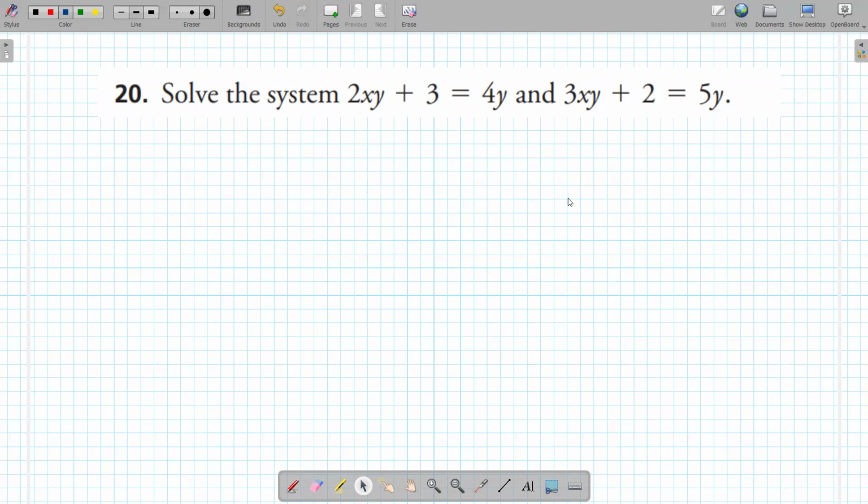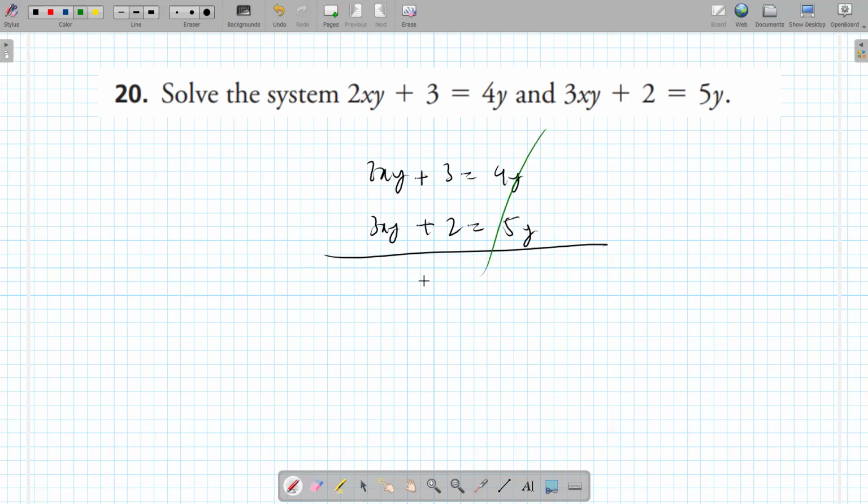We can solve this. But to solve this, which one should we eliminate? So we have 2xy plus 3 equals 4y, 3xy plus 2 equals 5y. Now notice this. If we somehow canceled out the y's, we're going to get an xy here, right? We'll get xy is equal to something.